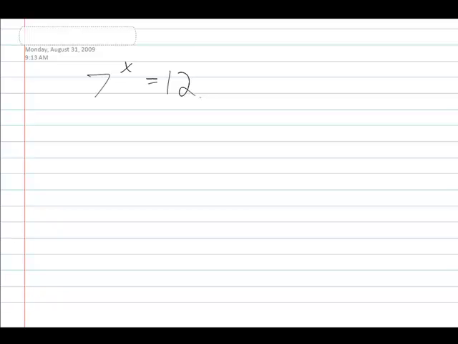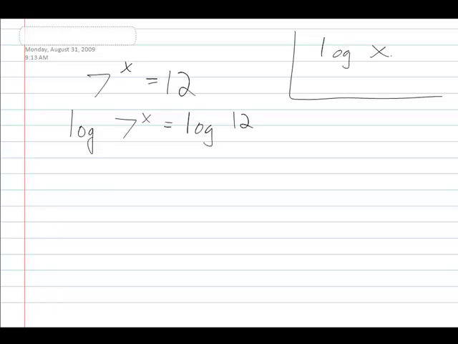Now let's take a look at 7 to the x equal to 12. This time we can't change 12 to have a base of 7 and then set their exponents equal to each other. But let's say that we take the logarithm of both sides. Now we have the log of 7 to the x equal to log 12. Also, it's good to point out that if we have the logarithm of some number and there's no base shown, then the base is a 10.